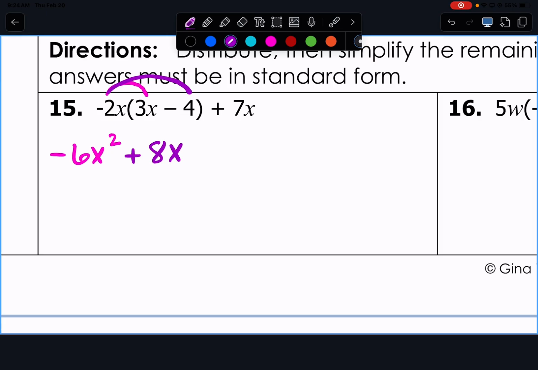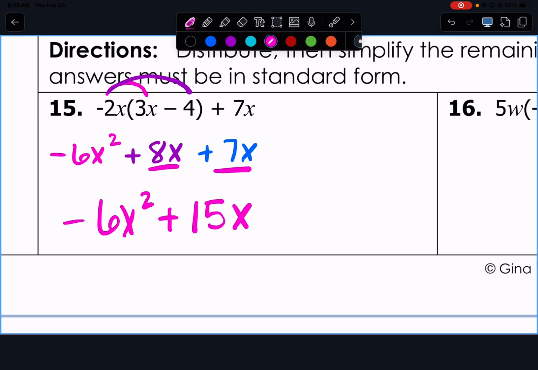And then at the end I just have that plus 7x that I need to bring in. To write my answer in standard form, which of those terms needs to go first? Negative 6x squared, right? Then I combine 8x and 7x. When I say 8x plus 7x, what do I do? 15x. So that's our answer.